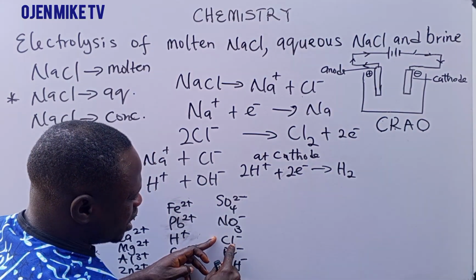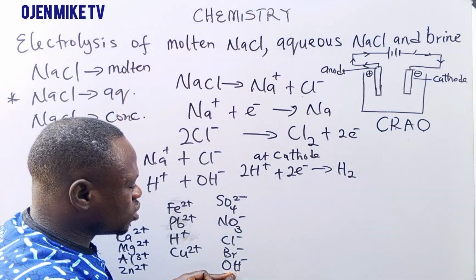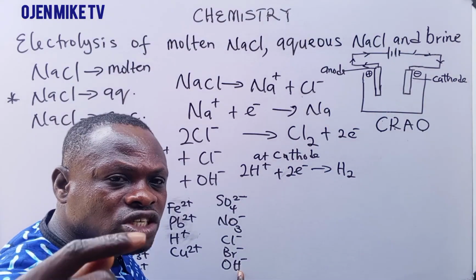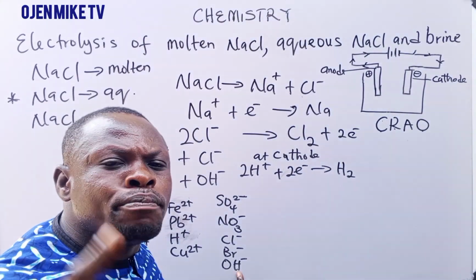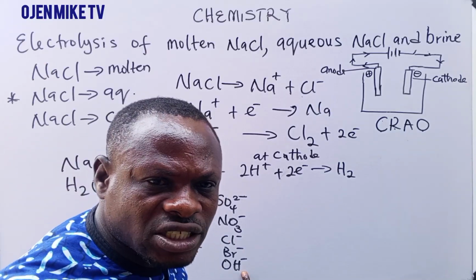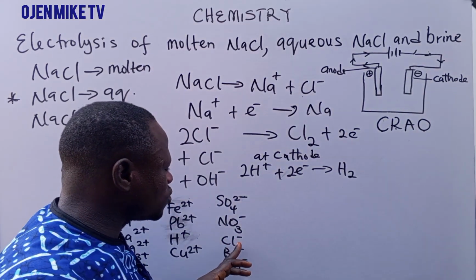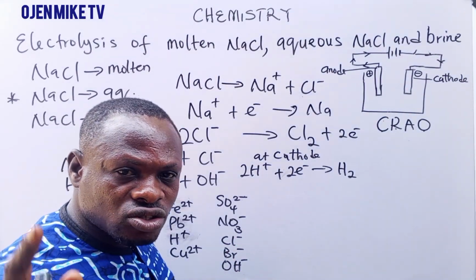Chlorine is higher in the series than hydroxide ion. Therefore, because the concentration is low, the ion that is lower in the series will be preferred to be discharged. The concentration of chlorine is not high enough for it to be discharged. Do you get that?